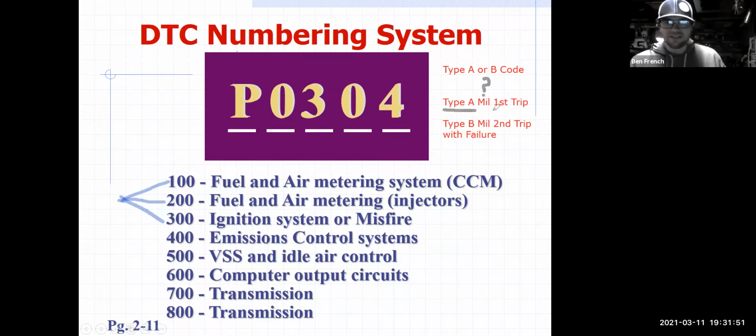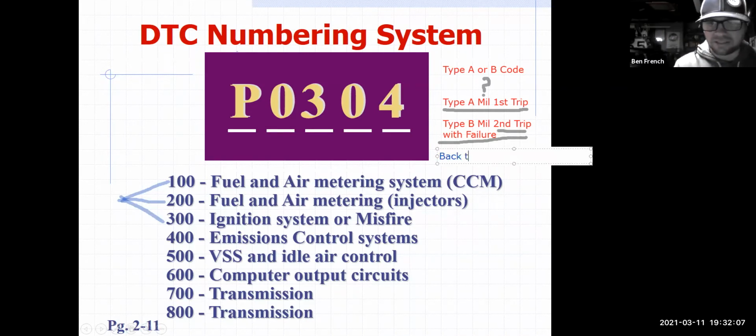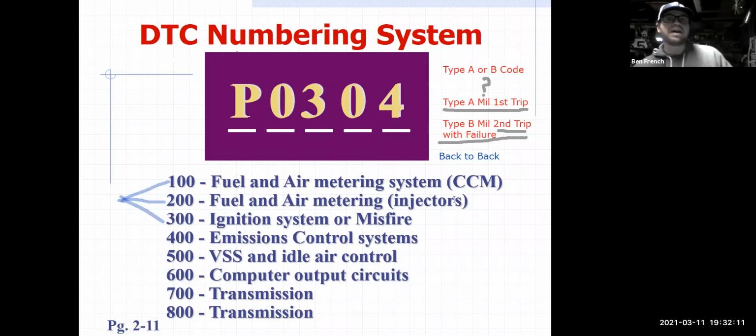The A turns on the MIL on the first trip, right away. Type B, it's going to take 2 trips, and these need to be consecutive trips. Or let me put it another way, these got to be back to back. So I have to have back-to-back trips where I have a failure for the check engine light to come on.